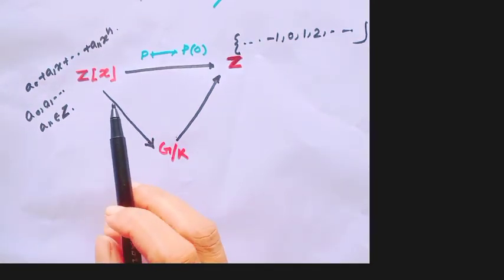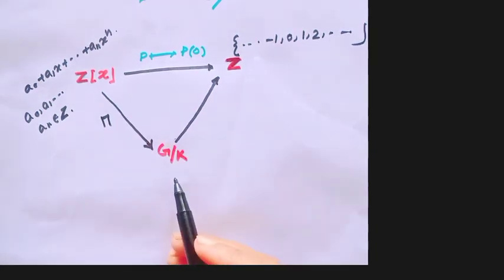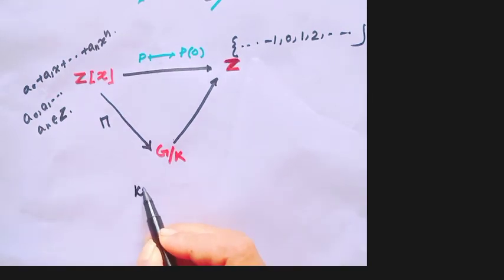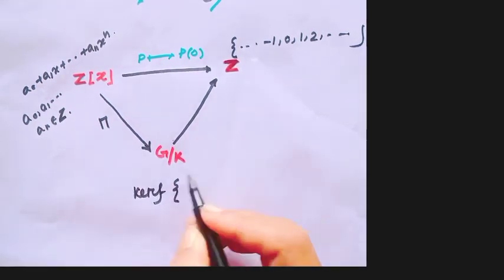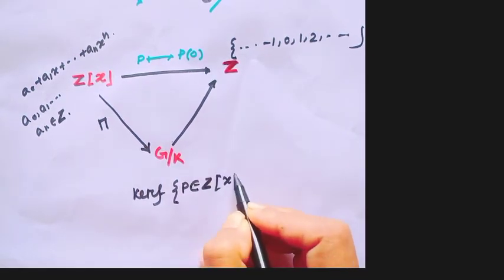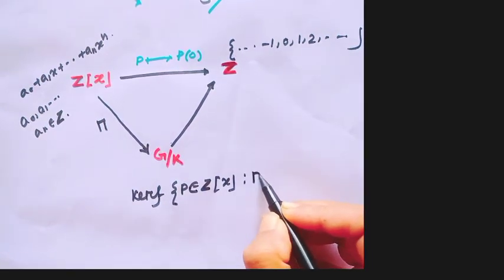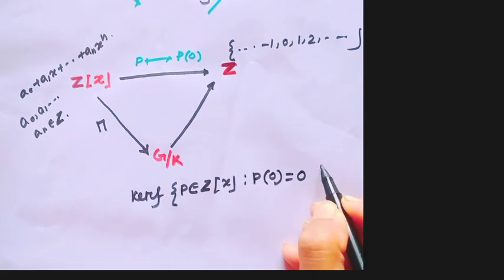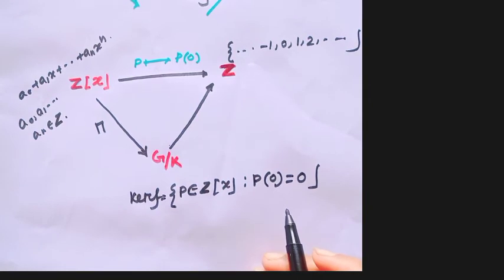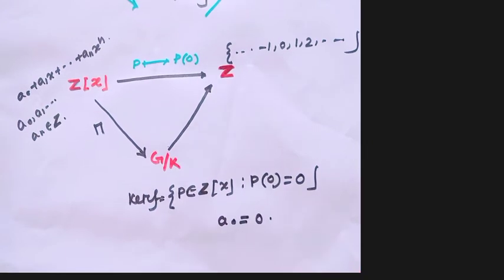At first, construct a projection pi from Z[x] to G mod ker f. What is the kernel of f? The kernel of f equals the set of all polynomials belonging to Z[x] such that P(0) equals 0. And what would this set be? This set would be a0 equal to 0.